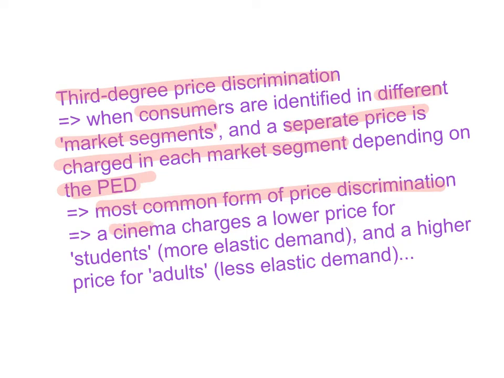For example, a cinema charges a lower price for students because they are on a budget, they have less money, therefore their demand is much more sensitive to price, so they have more elastic demand, and a higher price for adults who are assumed to have more income and therefore their demand is less elastic or more inelastic. This is the most common form of price discrimination, called third degree price discrimination.